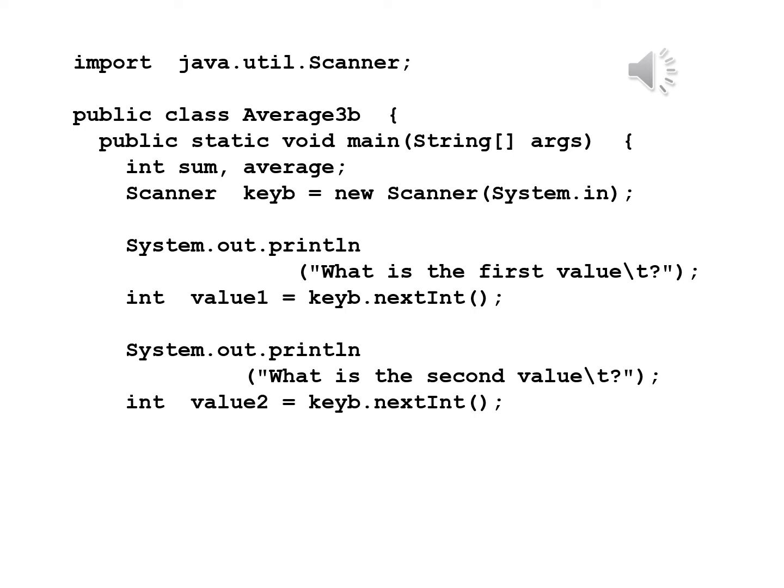System.out.println, "What is the second value?" Tab and a question mark in quotation marks in parentheses, and a semicolon at the end. int value2 = keyboard.nextInt(), open and close parentheses.